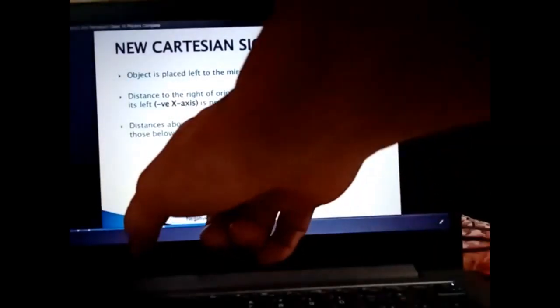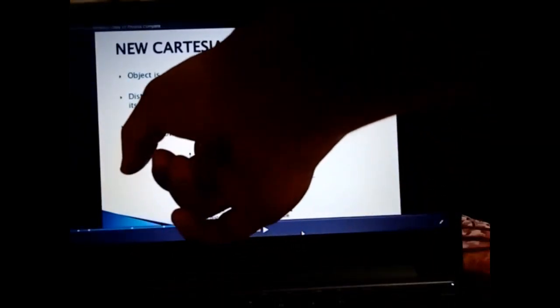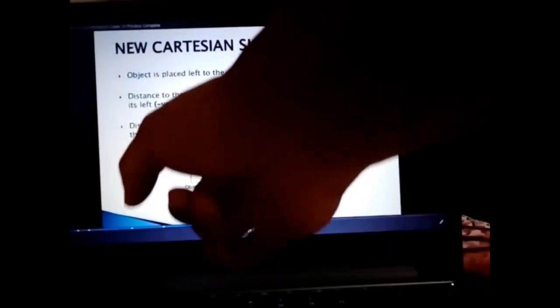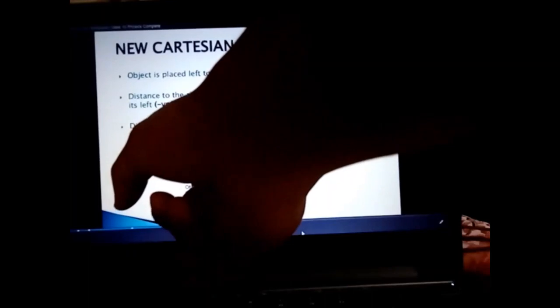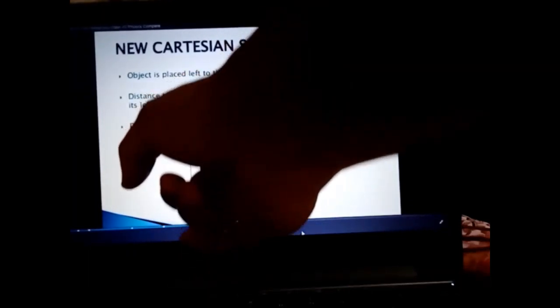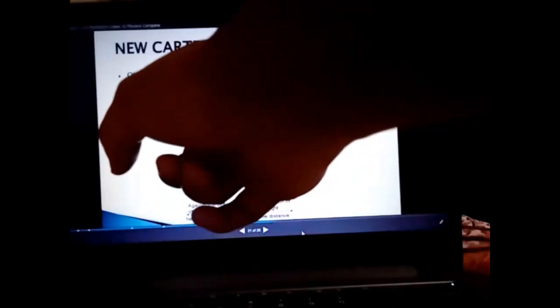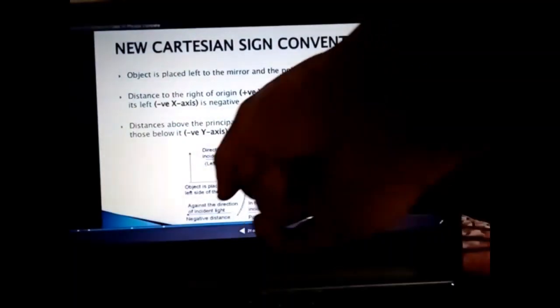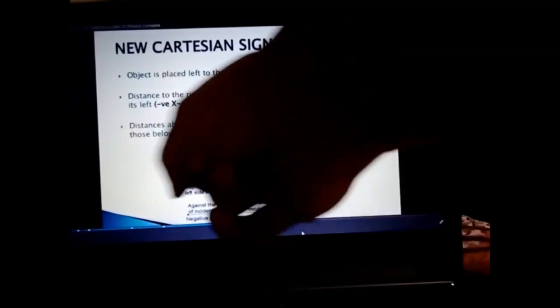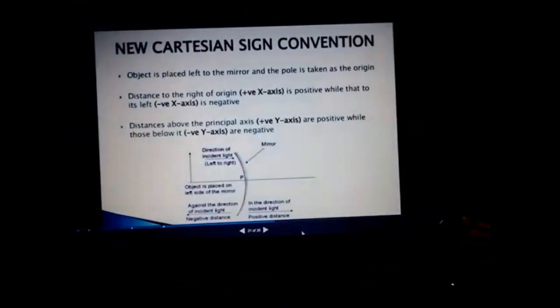All distances above the principal axis are taken as positive. All distances or heights below the principal axis are taken as negative. An object is always placed to the left of the pole.